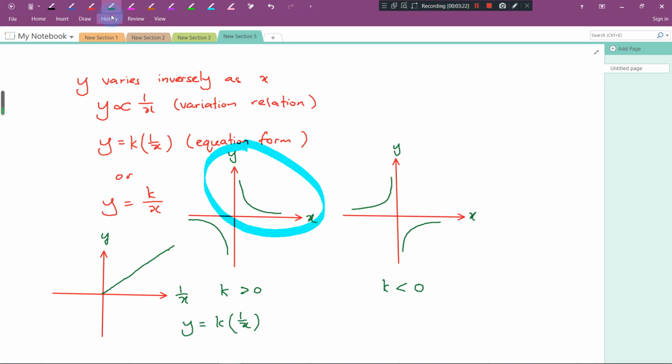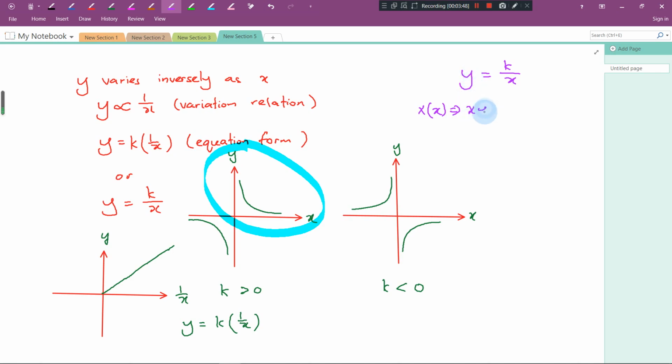Okay, so now let's go back to this one. y equal to k over x. Just now you learned about the graph. If you draw y against x, the graph will be like this. If you draw y against 1 over x, it will be like this, a straight line passing through the origin. Now, if I multiply both sides by x, what will happen?